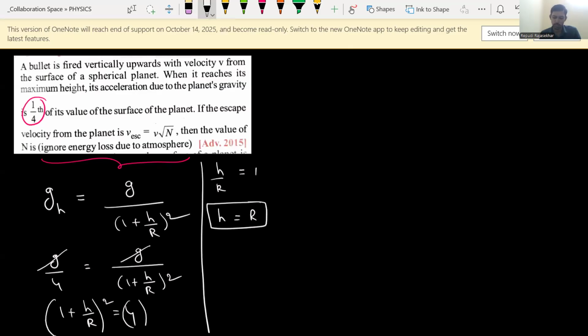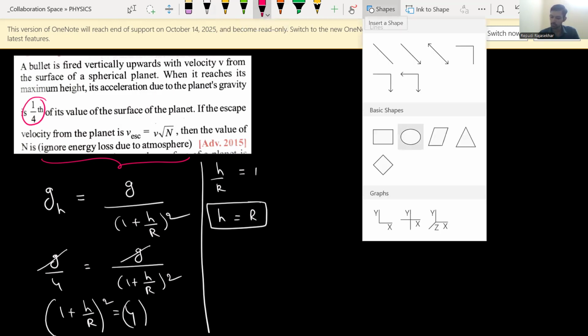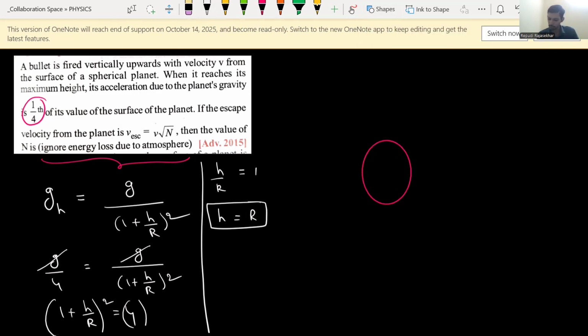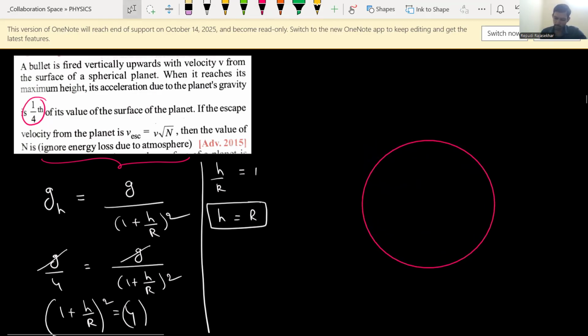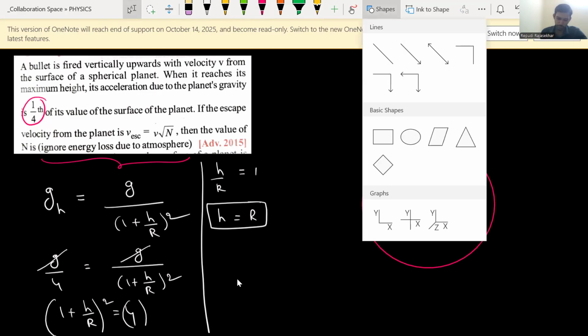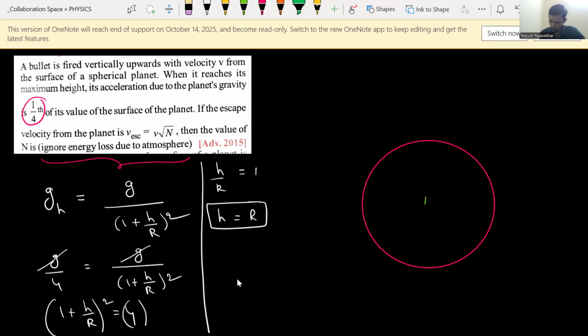h equals r. That means from the surface of the planet, if you go to height h, the gravity becomes g by 4. If I take the corresponding diagram, let us take a spherical planet, and let us assume its radius from the center is r.